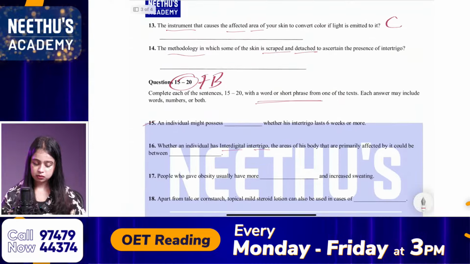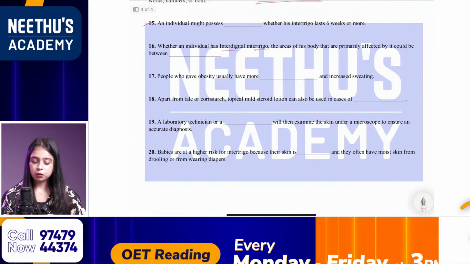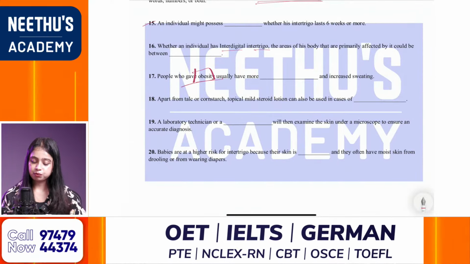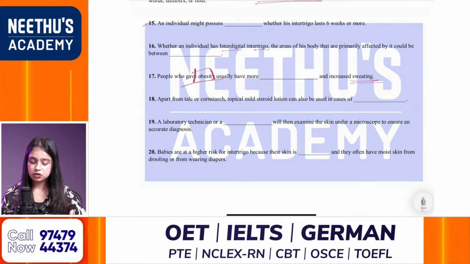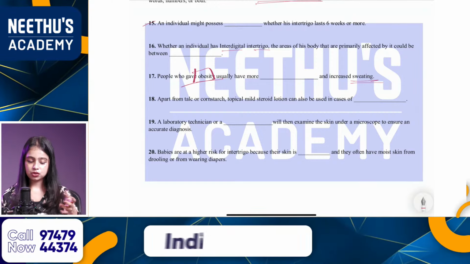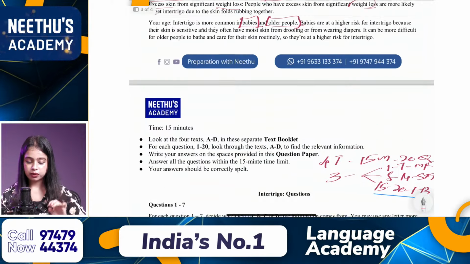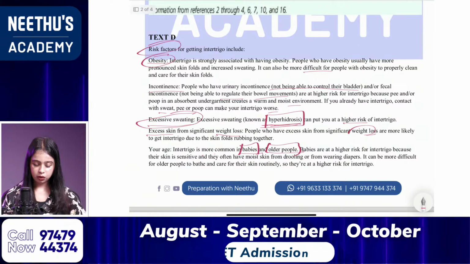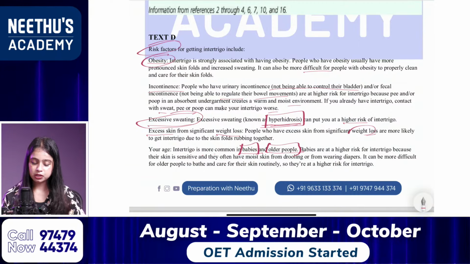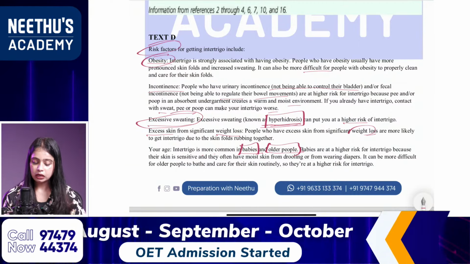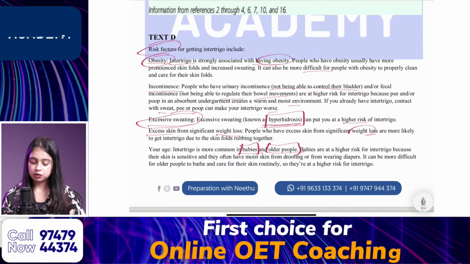17th one. People who have obesity usually have more dash and increased sweating. Overweight is mentioned here in text D, one of the risk factors. Intertrigo is strongly associated with having obesity.